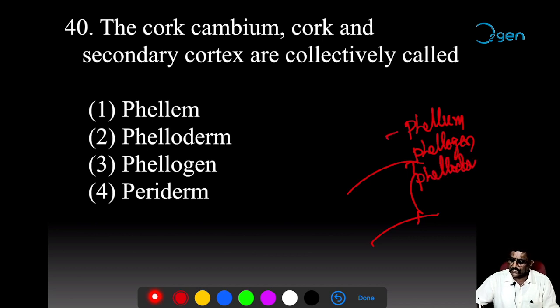These are also called cork, cork cambium and secondary cortex. All the three layers together are called periderm. So option A, first is phellem, second is phelloderm, third phellogen, fourth is periderm. The fourth option is correct.